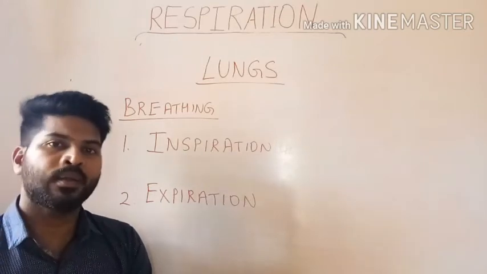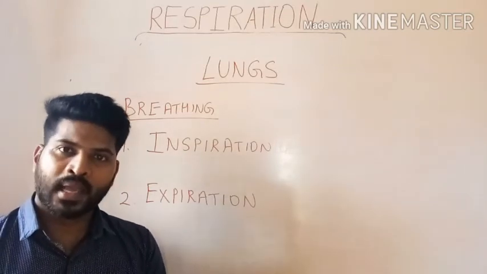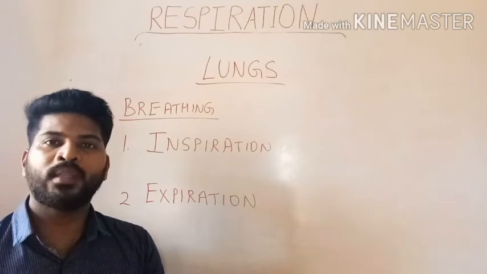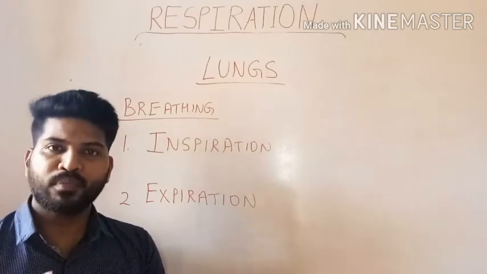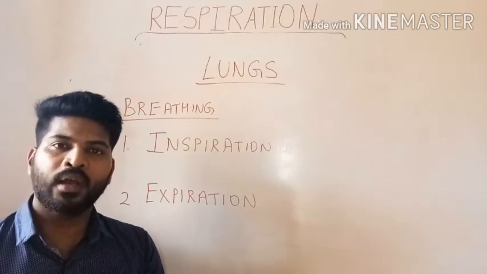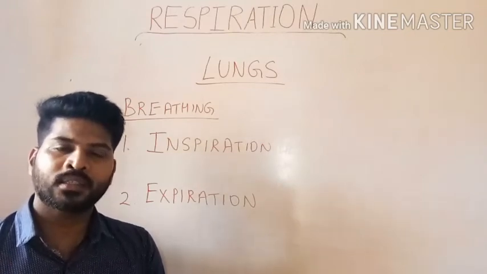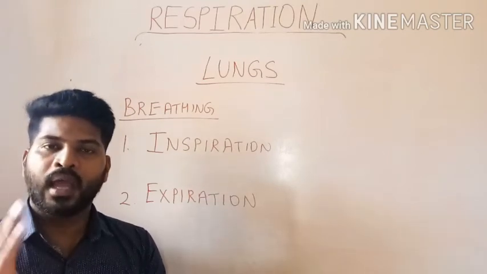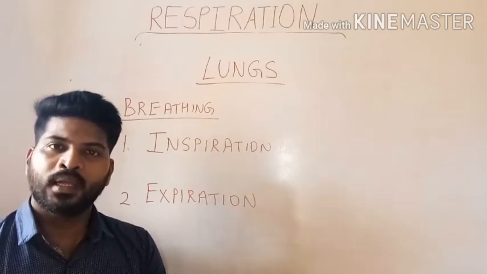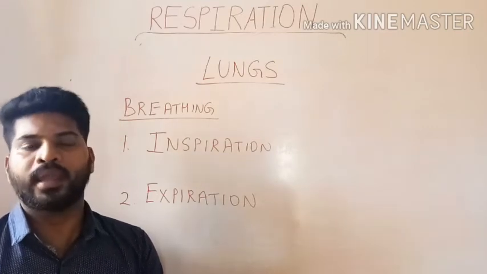In the nasal passage, it is provided with hair and mucus. This mucus is responsible for trapping the dust and other substances present in the air. The hair also will help in filtering of the air.